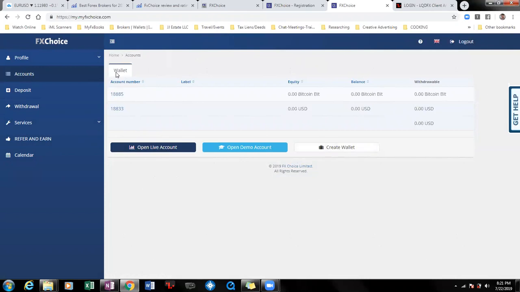These wallets just mean a holding account. Say you want to put $1,000 to have access to trade. You put the $1,000 in your wallet, and you could open up two, three, four, five, six accounts. Now you don't want your $1,000 all in one account in the market.